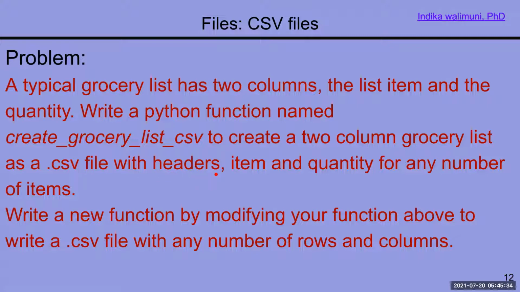There are two headers, item and quantity, for any number of items. Once we are done with this, we have to generalize this function by modifying it to any number of rows and any number of columns.